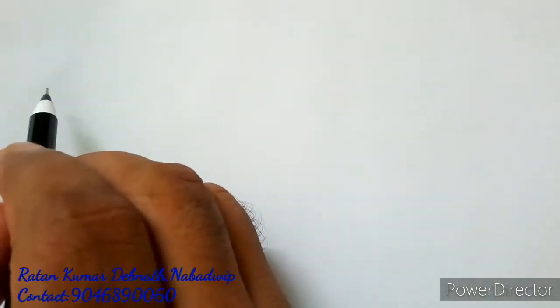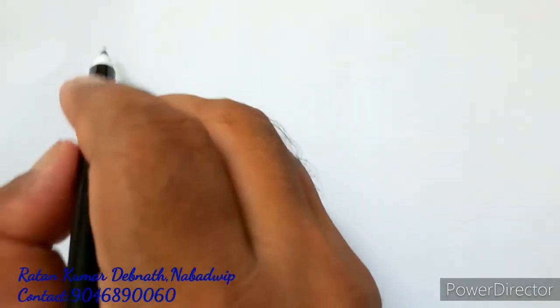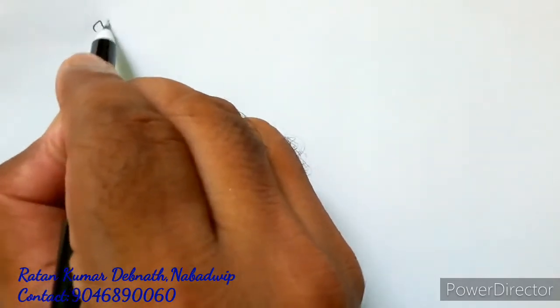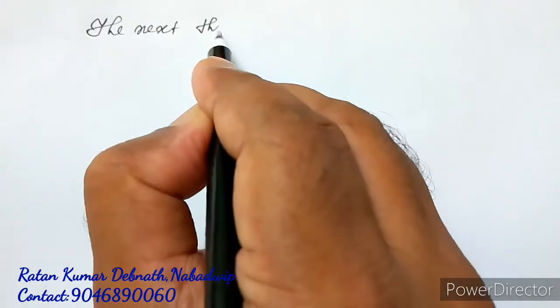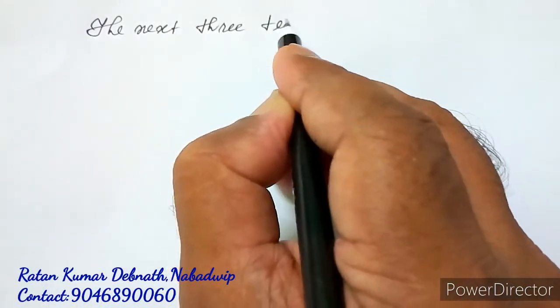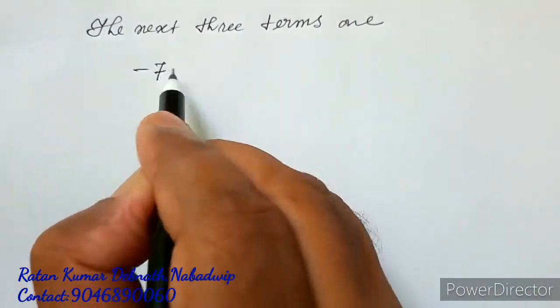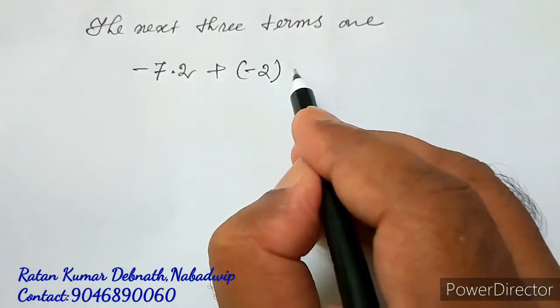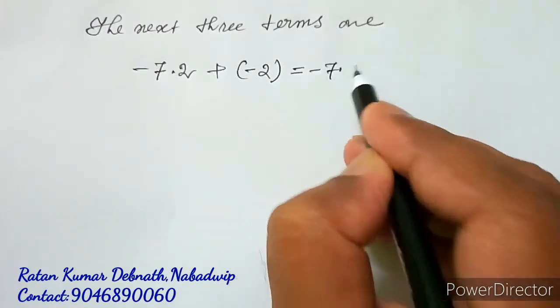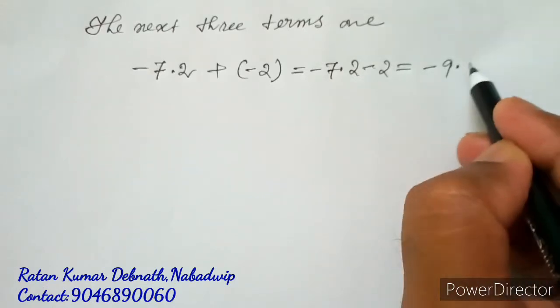As the numbers are in AP series, we need to find out the next three terms. The next three terms are minus 7.2 plus minus 2, minus 7.2 minus 2 equals minus 9.2.